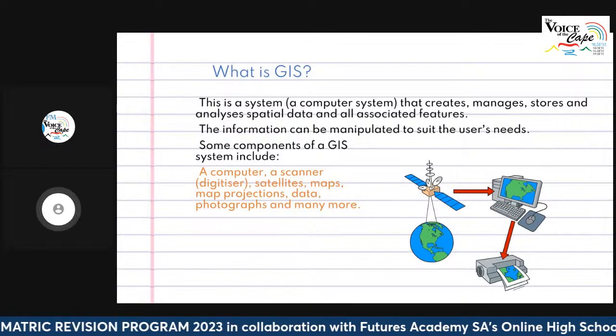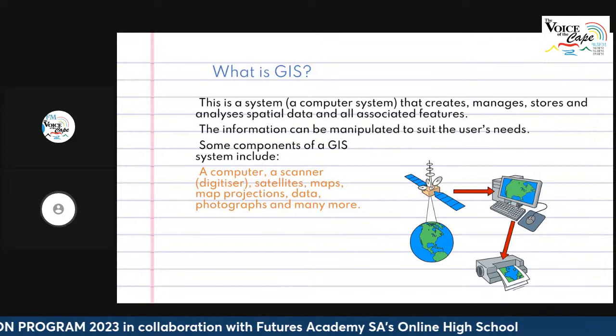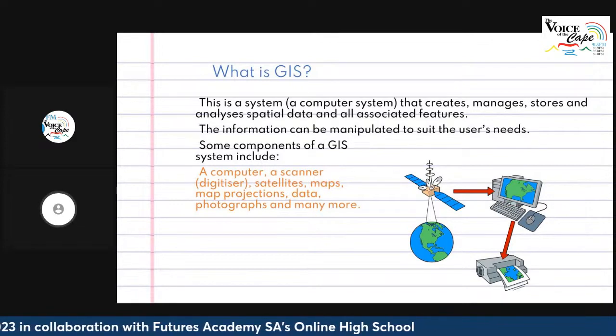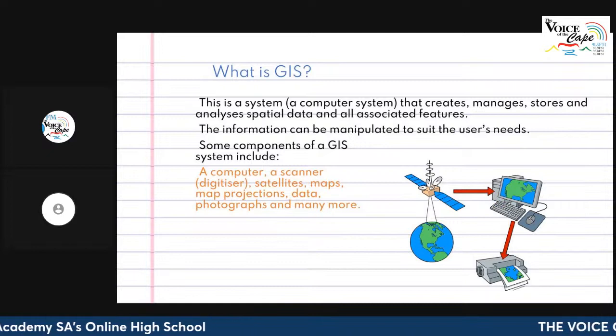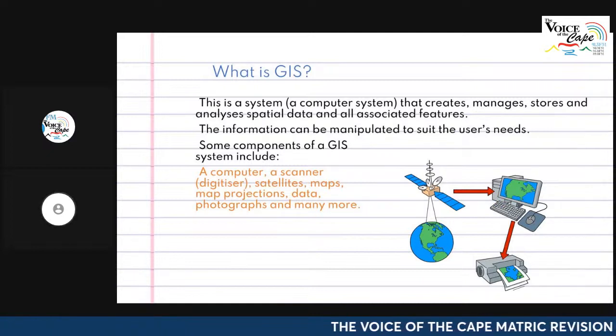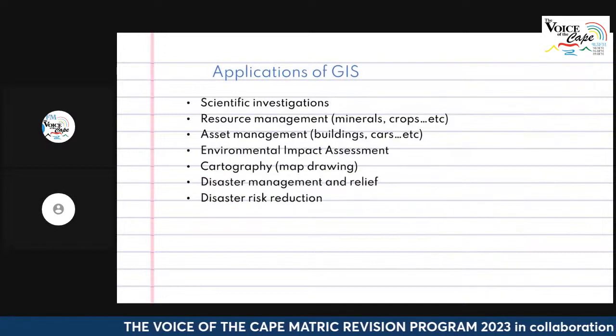Some of the components of a GIS: a question can ask you, what are the components of a GIS? And you will mention a computer, a scanner, a satellite, maps, map projections, data, photographs, and many more.